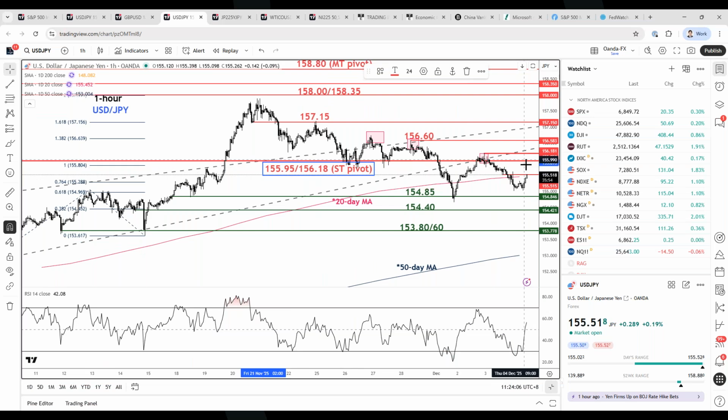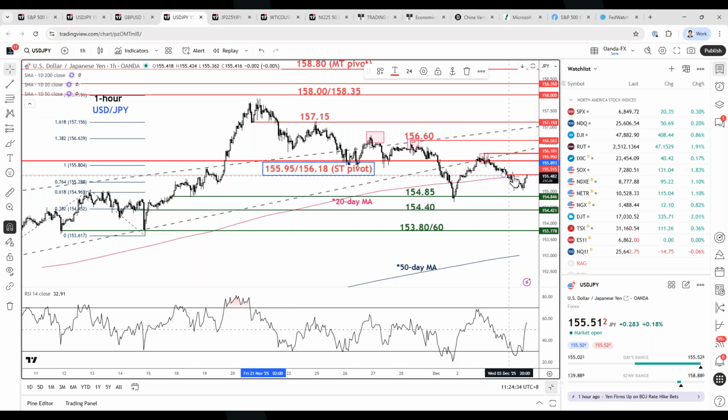So I'll still be using this level to maintain my bearish bias view, given the negative rejection of it on the Tuesday US session and Wednesday Asia session throughout the European session, and the bounce only started to take shape after the end of the US session and in today's Asia session as well.